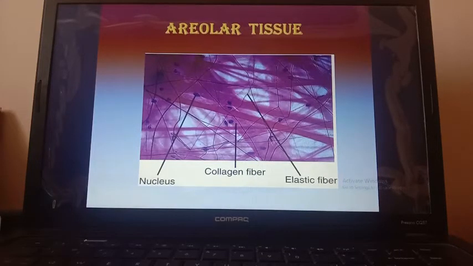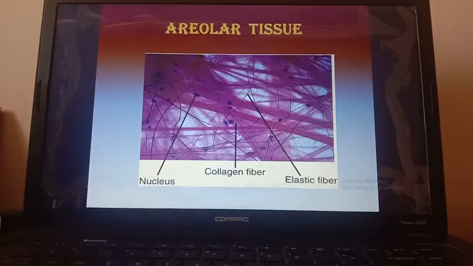So it forms a continuous layer under the skin by filling up spaces between the organs, where it acts as packing material to hold all the organs in proper place.